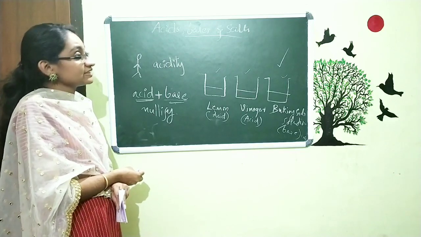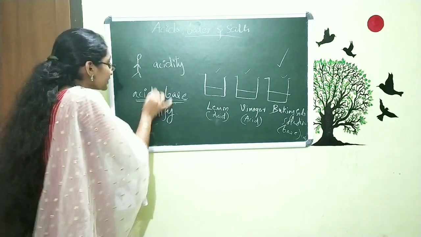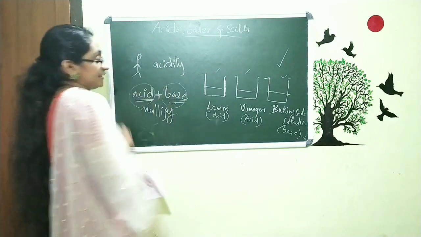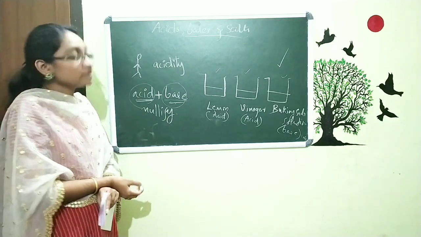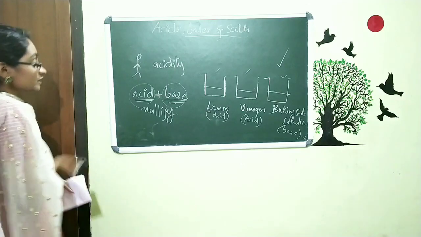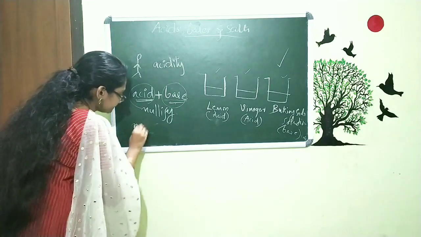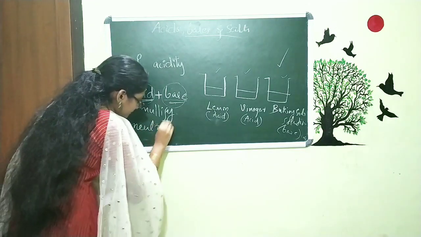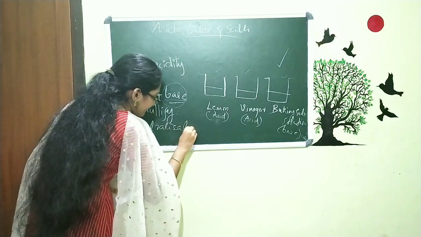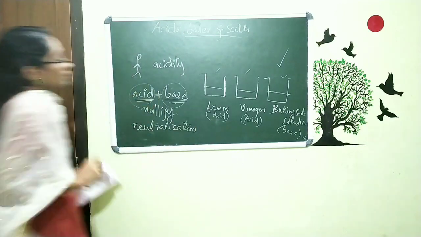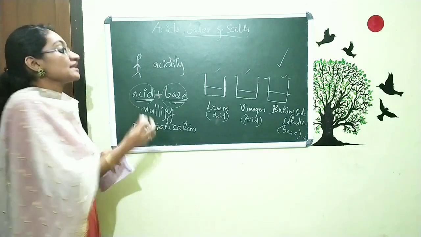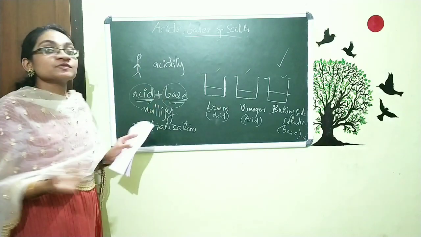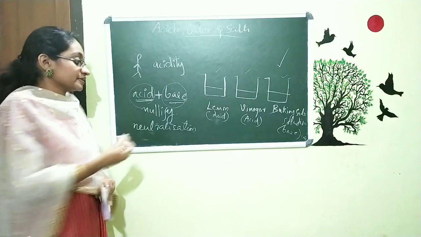And in your previous classes, you gave this process a name. Do you remember that? The name is neutralization. Neutralization is the process of cancelling the effect of acid and base when they react together.